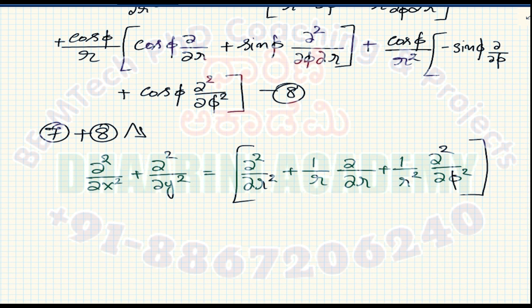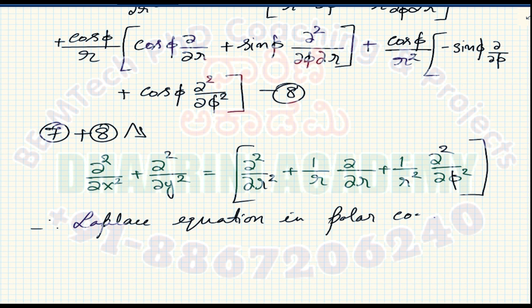So we know that if you write the Laplace equation in the x, y coordinates, it's already been given. So we can finally write the answer as follows. Therefore, write Laplace equation in polar coordinates becomes, it's like this.